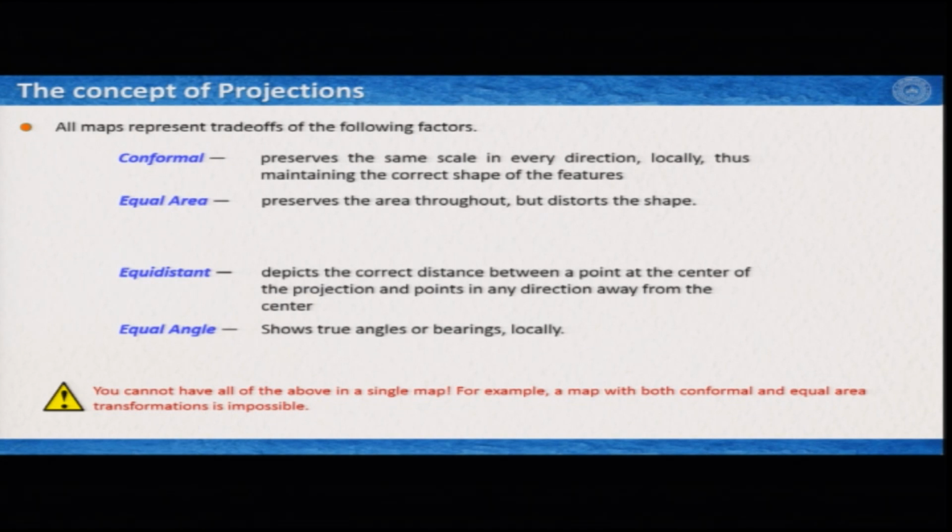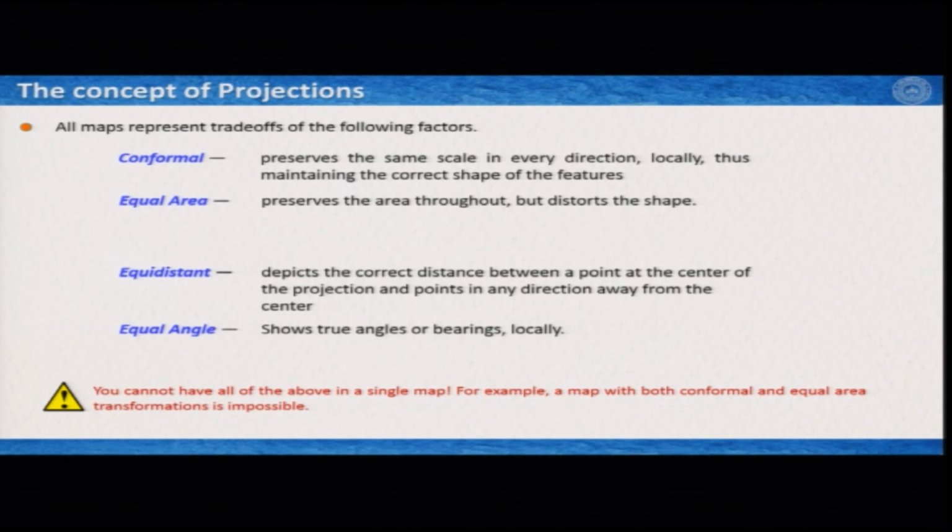On the other hand, the equidistant projection depicts the correct distance between a point at the center of the projection and points in any direction away from the center. So, conformal mapping keeps the shape, and equidistant projection keeps the distance between 2 objects.